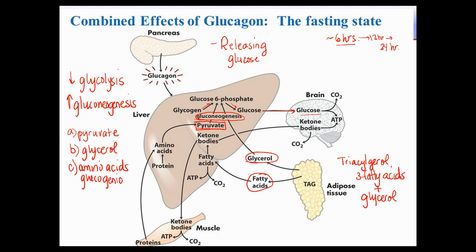Fatty acids will go to the liver, and remember, they can undergo beta oxidation, but that means that you'll see an increase in acetyl-CoA. And then that increase in acetyl-CoA will make ketone bodies, which then are an alternative fuel for the brain.